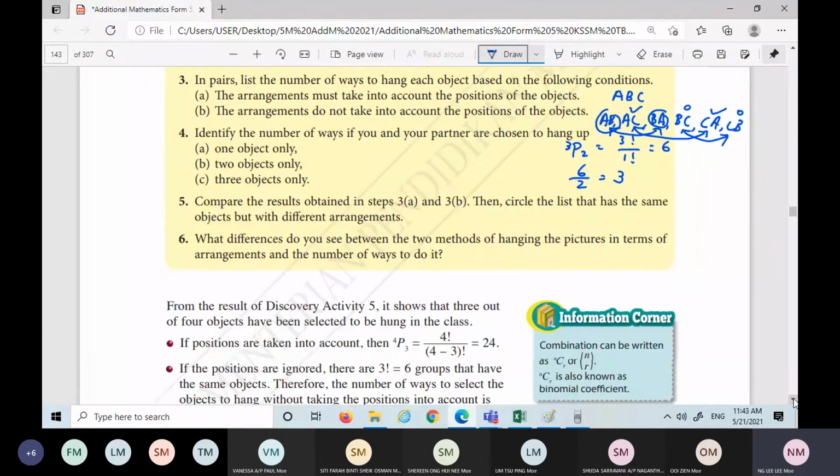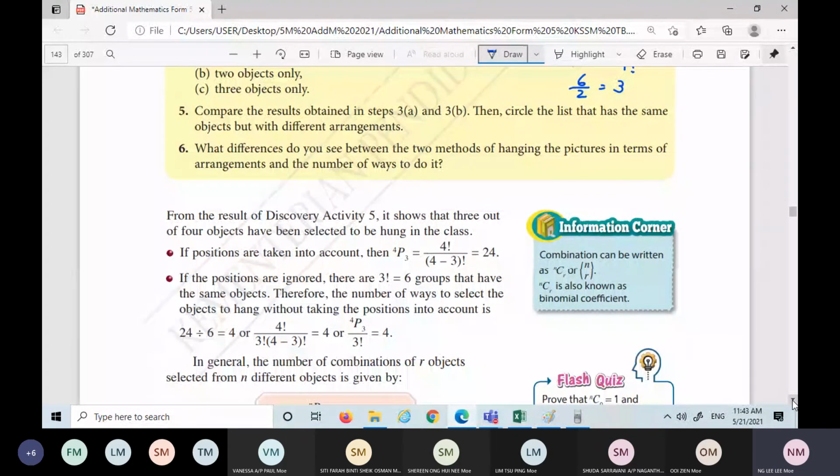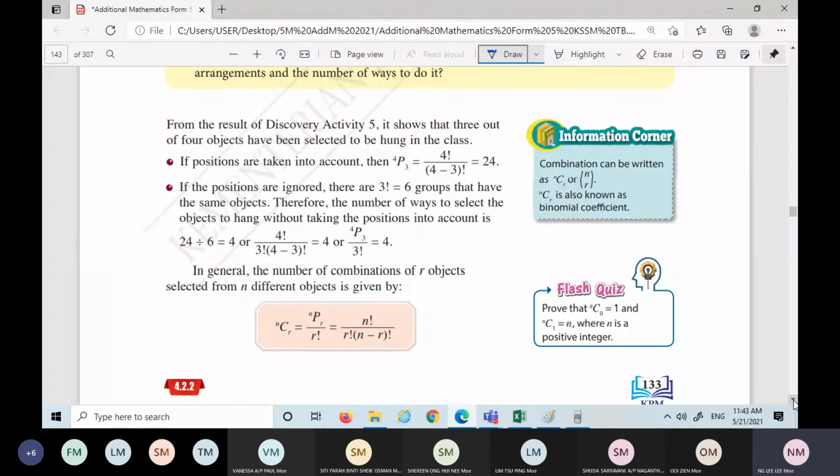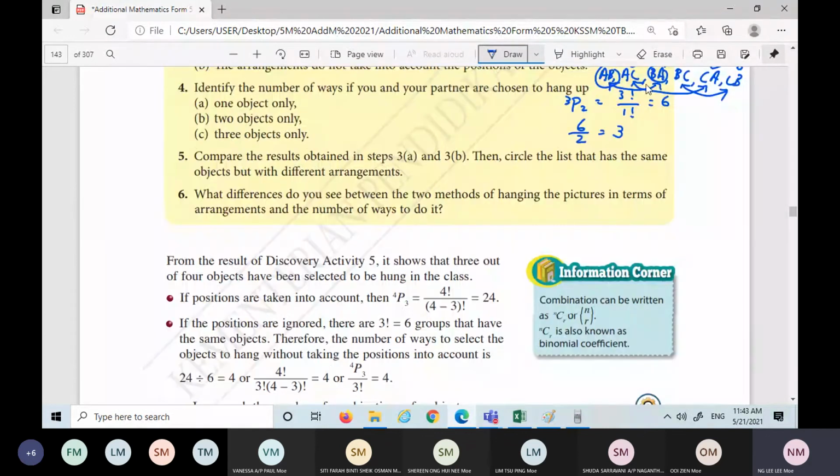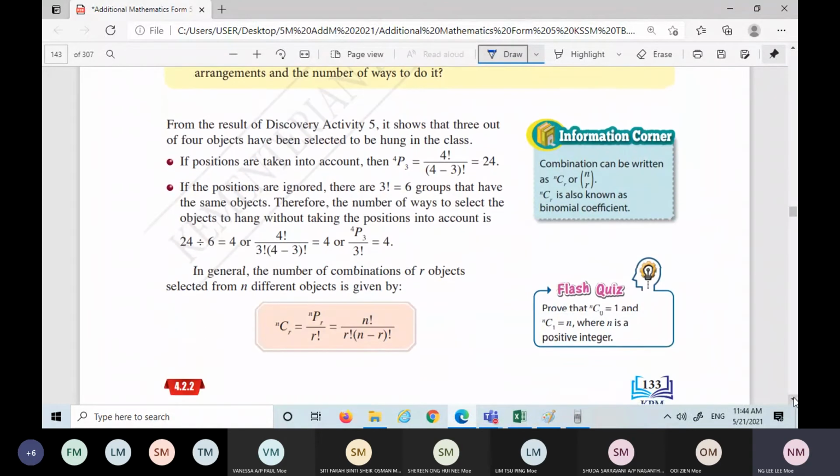So this is how you get the answer by using the formula. Just now I used nPr at first, the 6, then divided by 2. The 2 is actually 2 factorial. So your formula is nPr over r factorial.